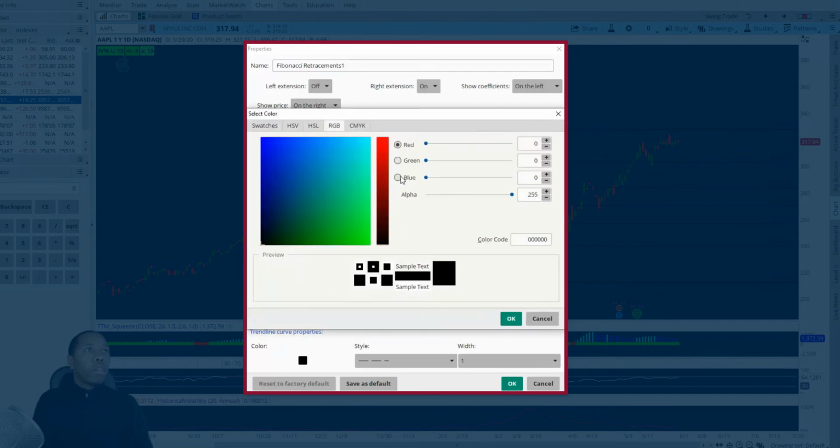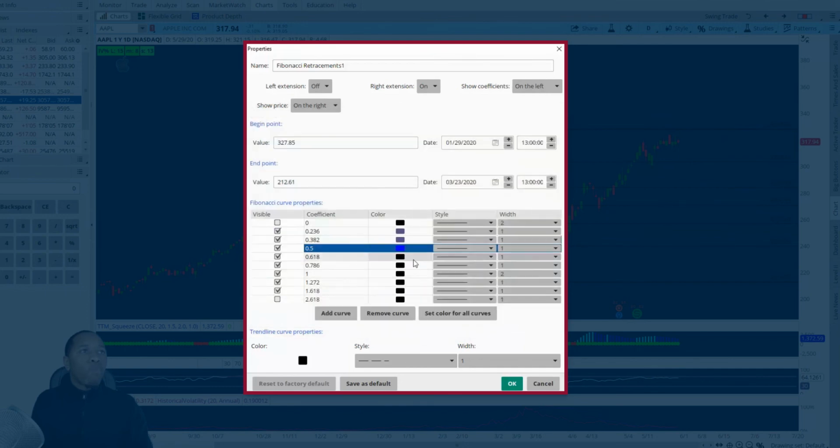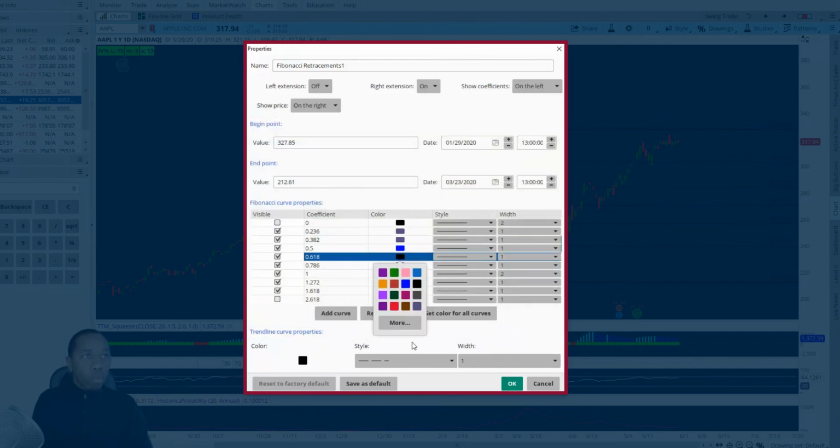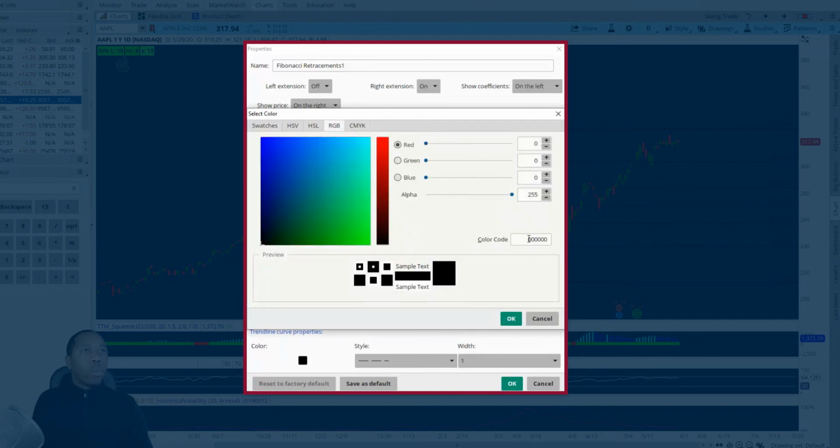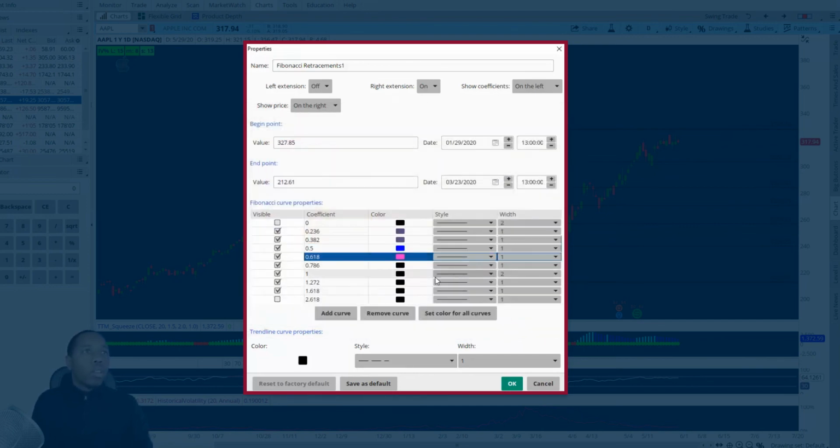Then we go to the next color, RGB. And we're going to do 1, 2, 3, 4 zeros, and FF. And in the 618, sometimes I switch this over and I use like a gold color, but for the most part, I use the pink color. Okay. And it's FF33CC.